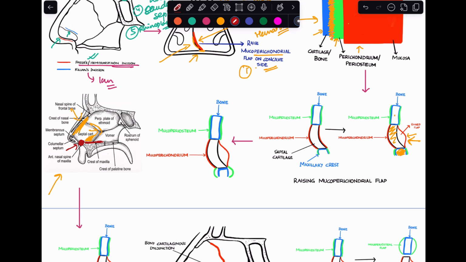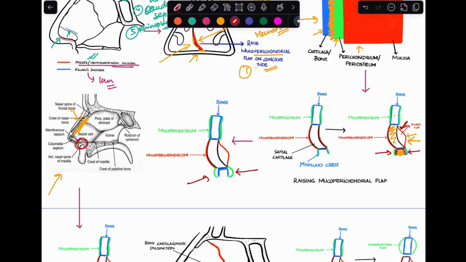Now the next step over here would be to elevate the mucoperiosteal flap on the floor. So let's look at the image over here. We have raised the flap on the mucoperichondrium here. But here we can see there is some mucoperiosteum on the floor of the nasal cavity. So now the next step would be to raise these mucoperiosteal flaps on either side. First, let's look at the image over here.